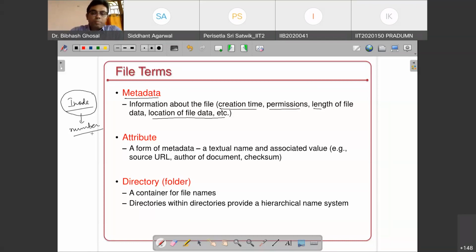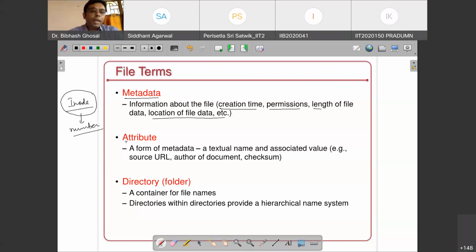So please try to remember all these terms, because these are the ones that we'll be using very frequently. Once we know that a file is nothing but some content that is generated by some user or some application, every file has a metadata associated with that, which is stored in some data structure called an inode that has a number associated to that.